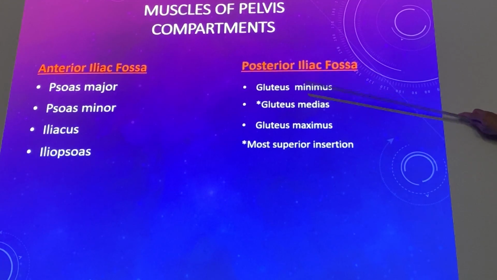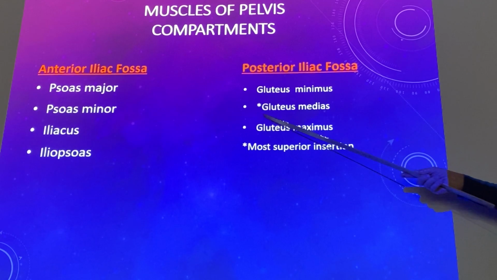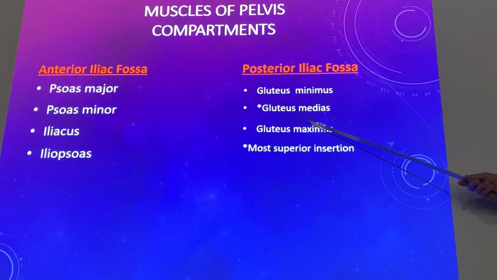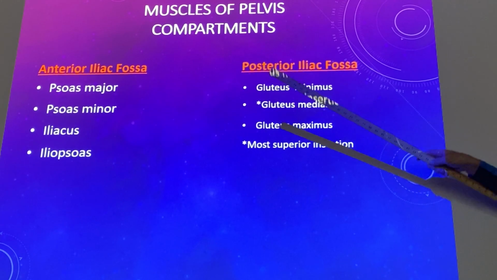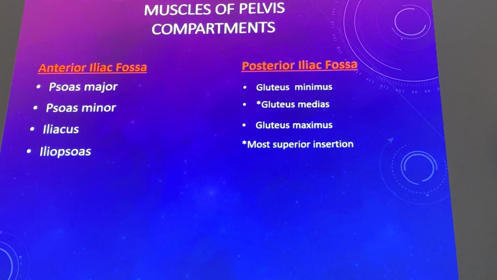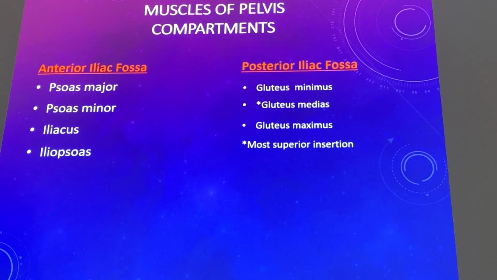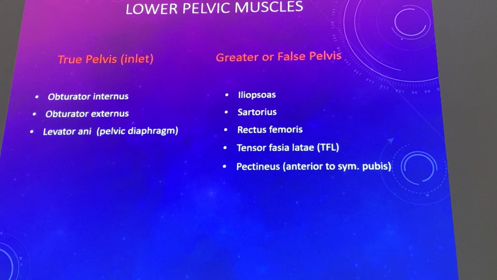Of the 3, in terms of cutting from top to bottom, the first one that will show its insertion point would be gluteus medius. So as you cut your way down, you'll see this guy first. And then later on, you see all 3 of them, based on the fascia that separates the 3 muscles, which helps us distinguish what they look like.